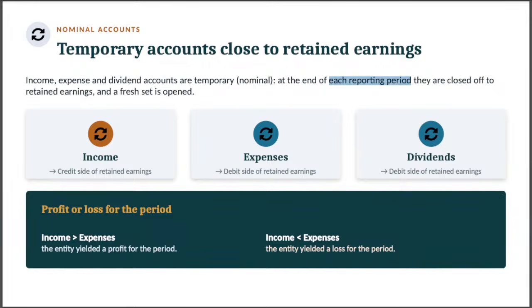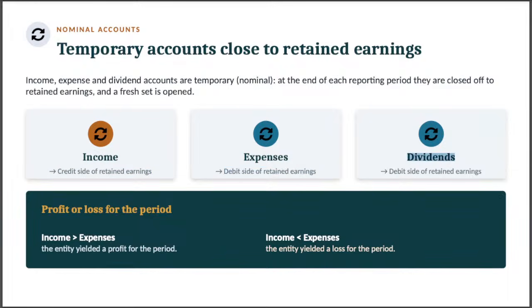Now, you'll have things like the carryover balances and such, but we're not talking about that at this point. These are temporary accounts. They close to the retained earnings account we saw there. So income goes to the credit side of retained earnings. Expenses go to the debit side of retained earnings.